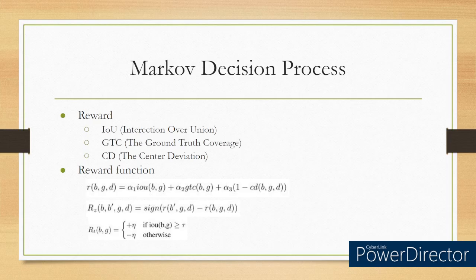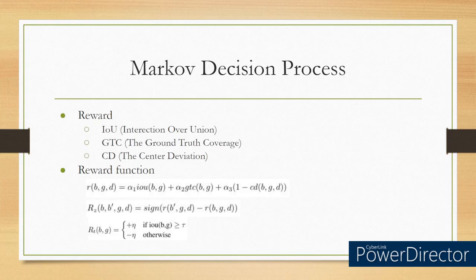This paper proposed a quality function that uses these introduced metrics to better evaluate the quality of zooms. The first equation is used to estimate the quality of the current state and uses bounding box B, ground truth region G, and image diagonal D as inputs, with alpha as the weighting vector.